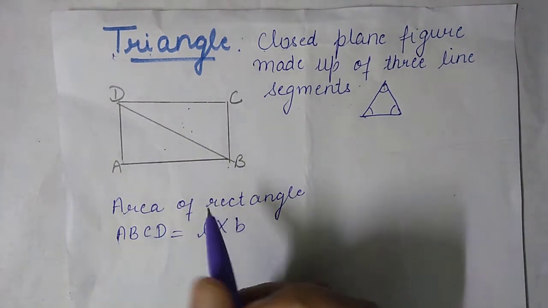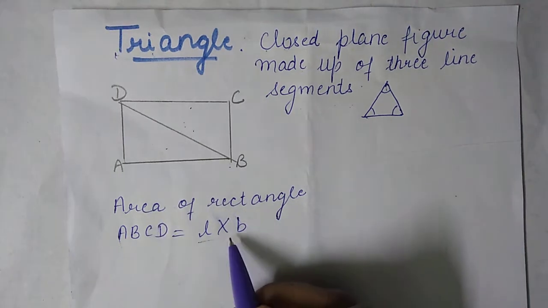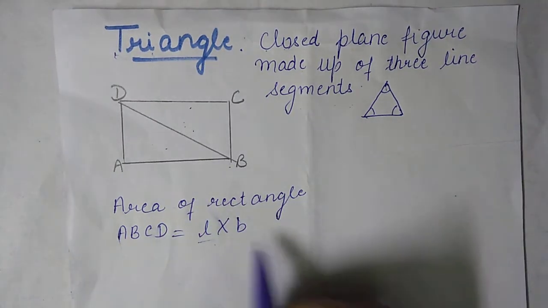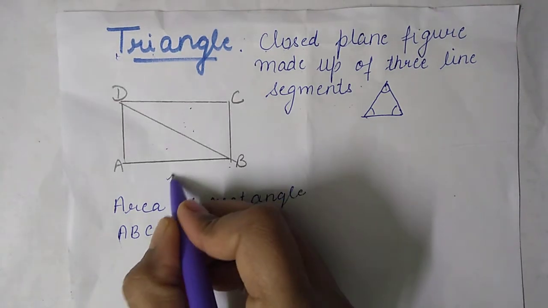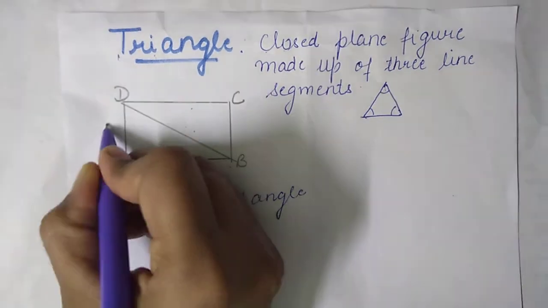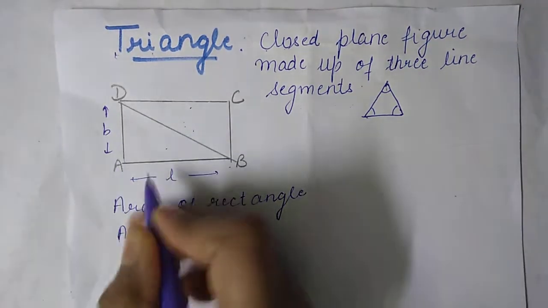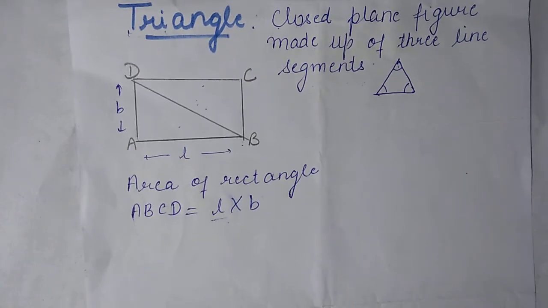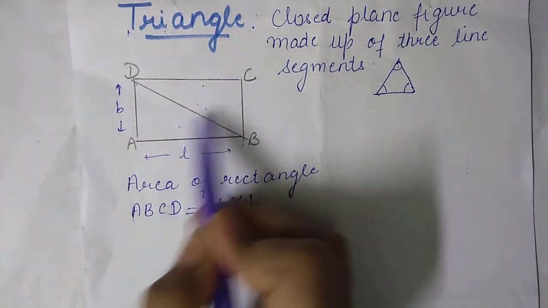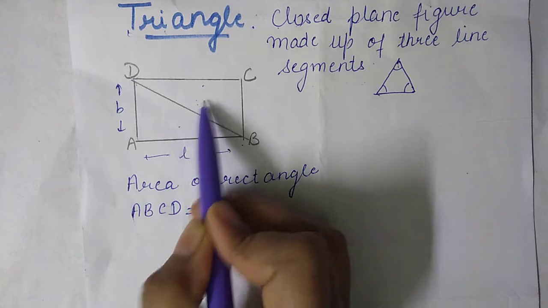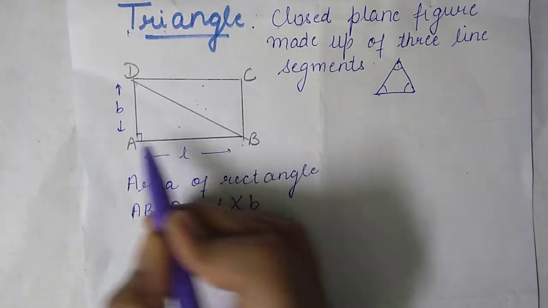Now we know that area of a rectangle ABCD is equal to length into breadth. This we have learned in lecture number 1. If I am taking this as length and this as breadth, then area of this rectangle is length into breadth. Now this diagonal is dividing this rectangle into 2 parts, and they both are triangles.